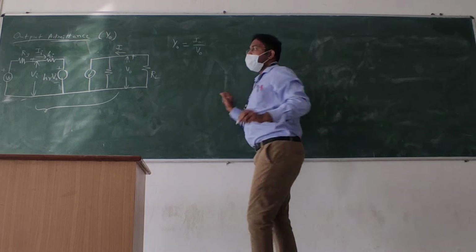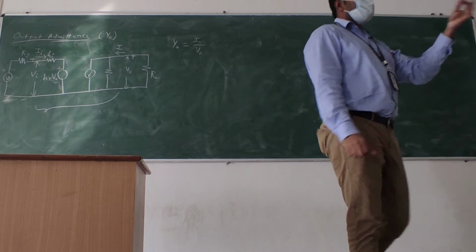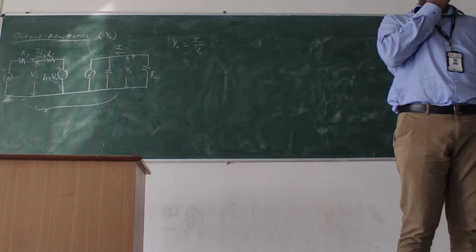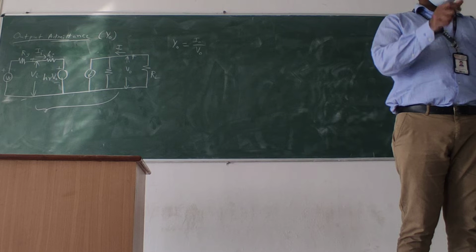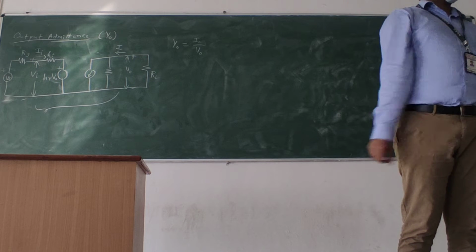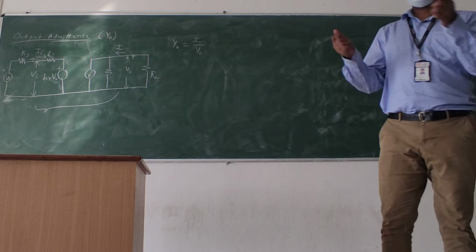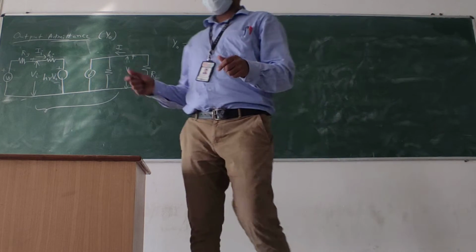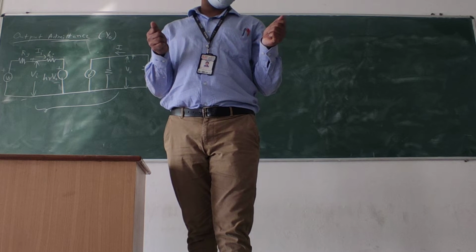But the standard process of measuring resistance or admittance: whenever you are measuring resistance, there should not be any voltage source connected in the circuit. How does your multimeter measure resistance? There is an internal 9-volt battery that we are using.